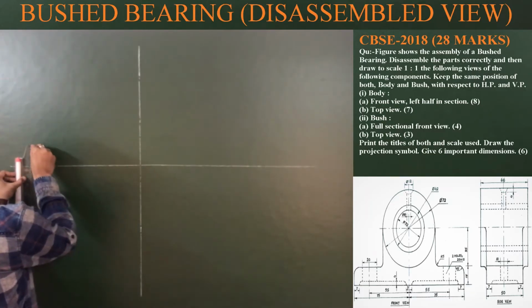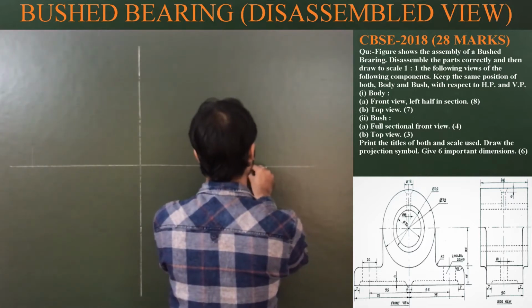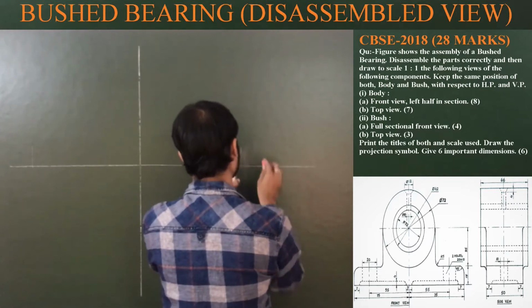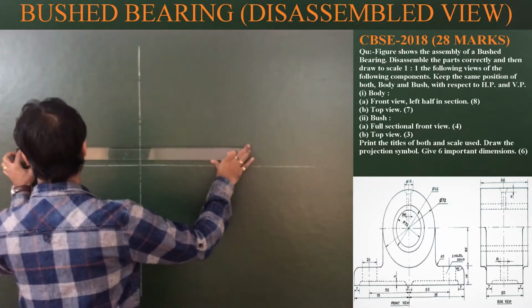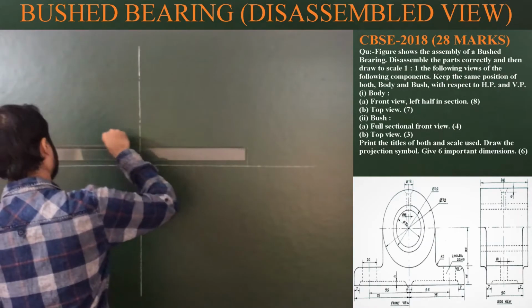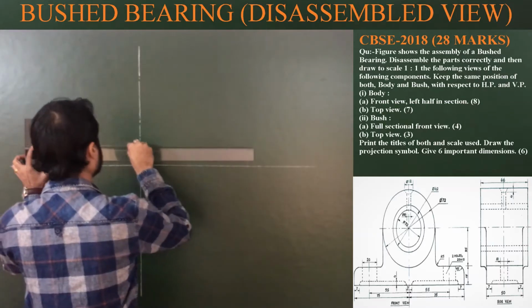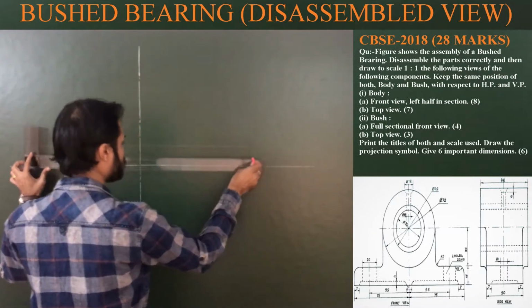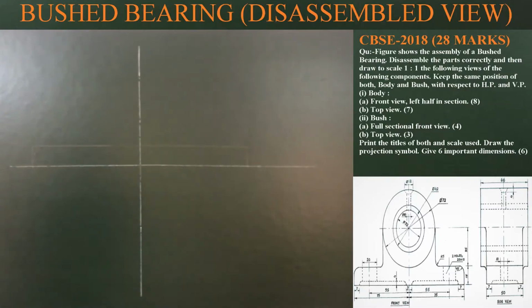So 15 up, and then join them. Initially it's better to use a light pencil because we don't know which edge to show with a dark pencil. So this is the base of the bearing.